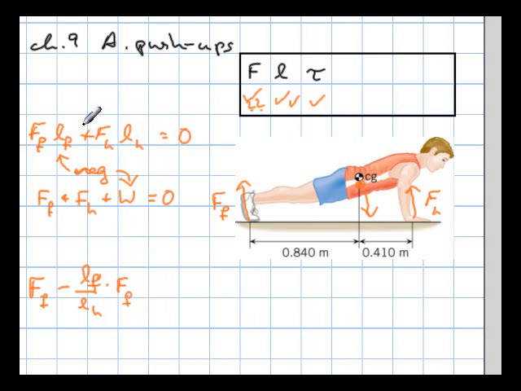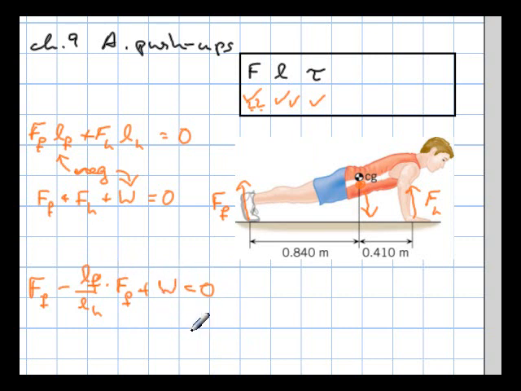You should be able to see that when I solve this one for force of the hands and substitute in here, then this is what I get. And then plus the weight, and that equals 0. Keeping in mind again that this LF here is actually negative, and this one here is negative as well.